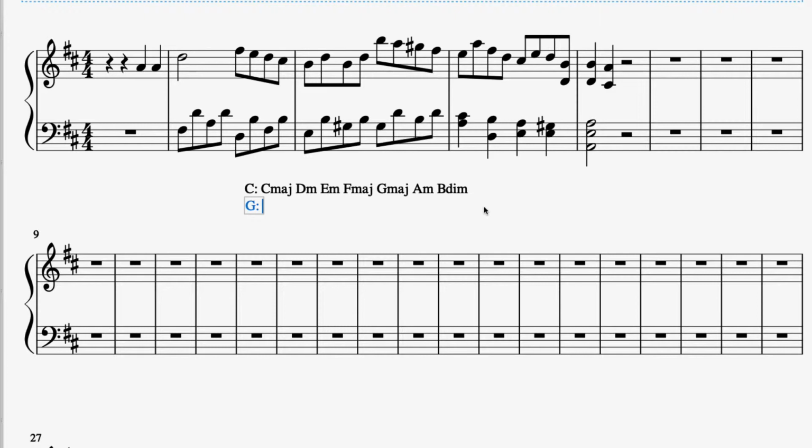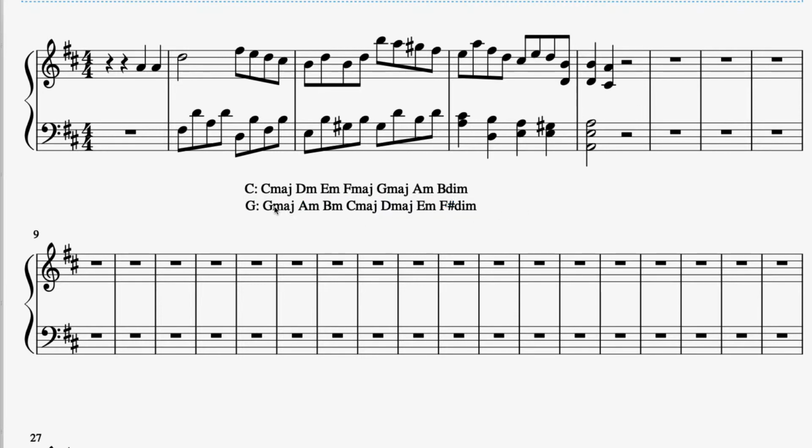So the chords in G are G major, A minor, B minor, C major, D major, E minor, F sharp dim, and then G major again.